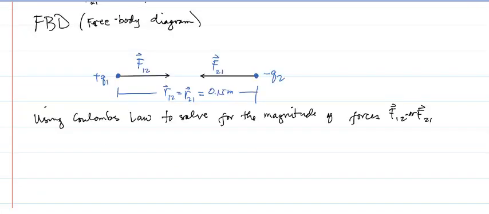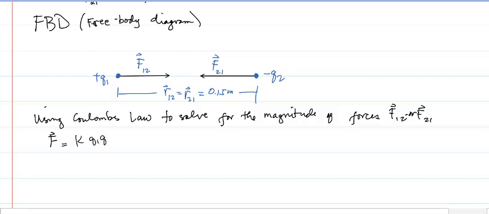So computing the magnitude of forces F12 or F21, by definition, F is equal to K, the interacting charges, over the square of the distance between them.